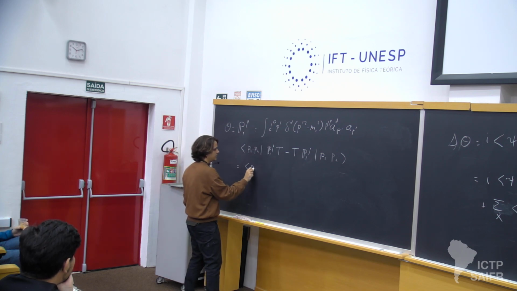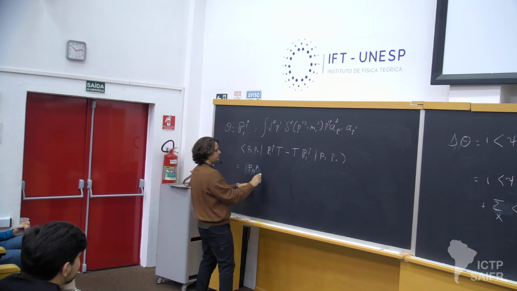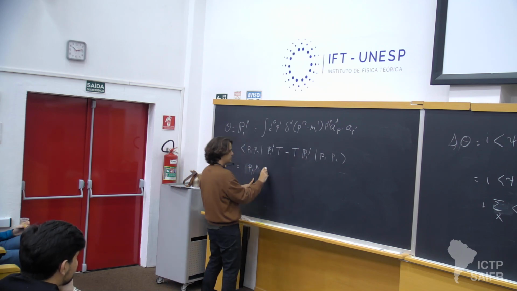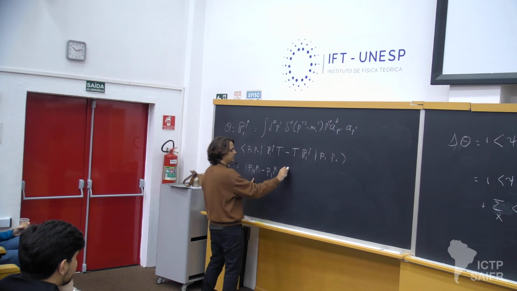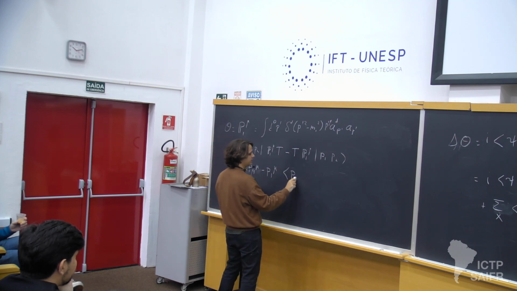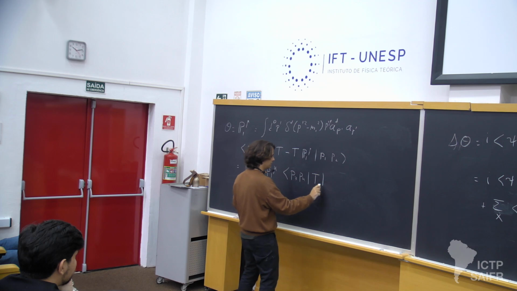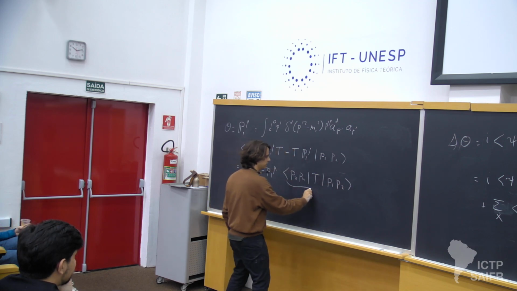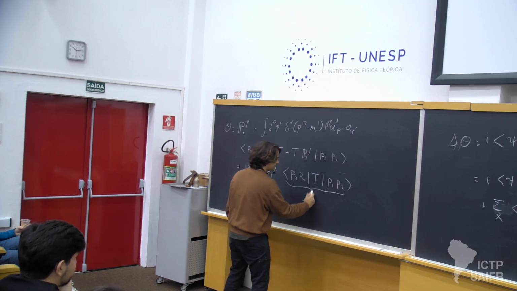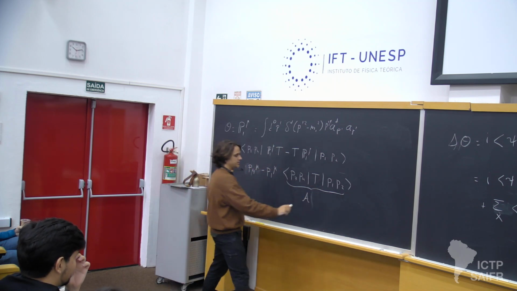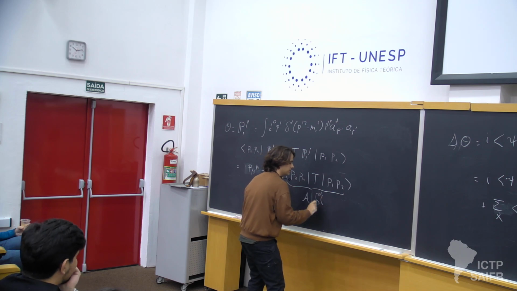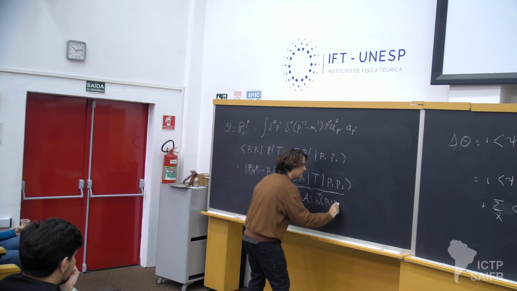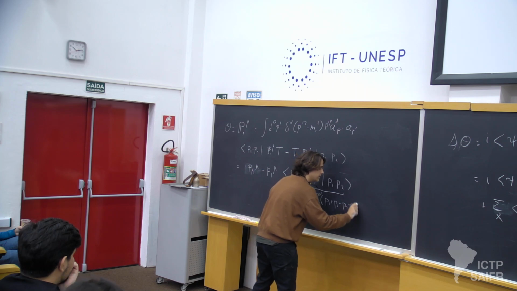So this will give me p4 mu minus p1, which is what you get when it acts on this one, and then just the matrix element, which is the scattering amplitude. And this is just the amplitude times the momentum conserving delta function, of course. So I have p1 plus p2 minus p3 minus p4.